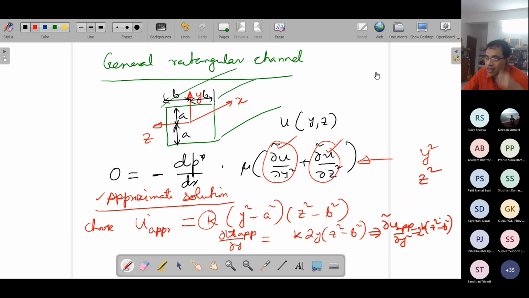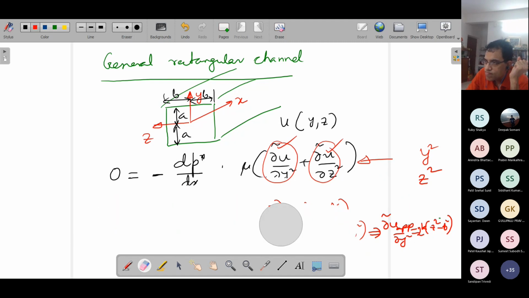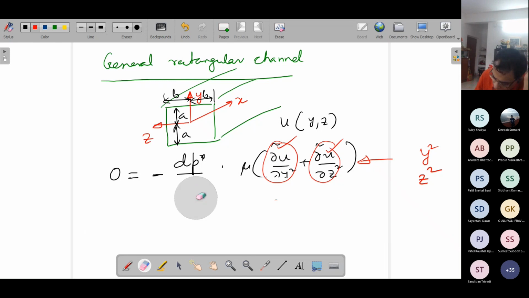So if you try to forcefully satisfy the governing equation, let us see what happens.